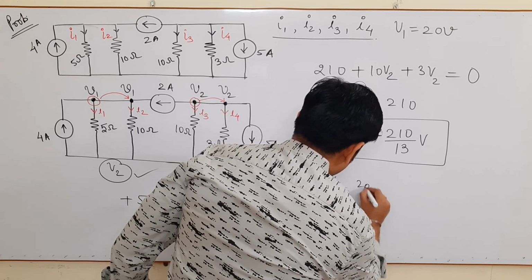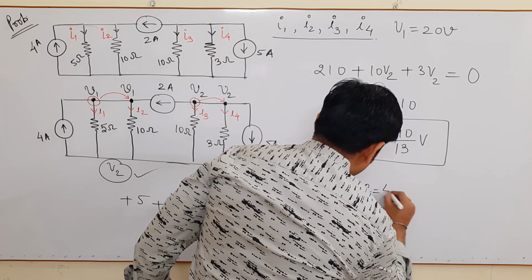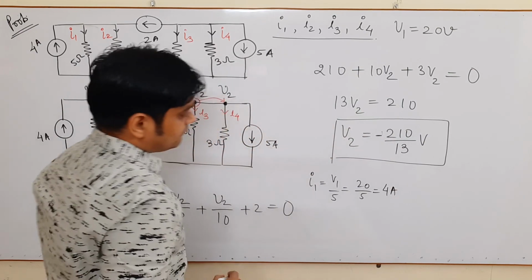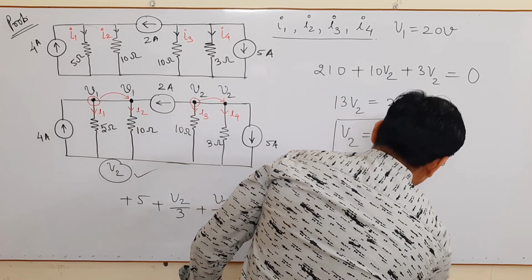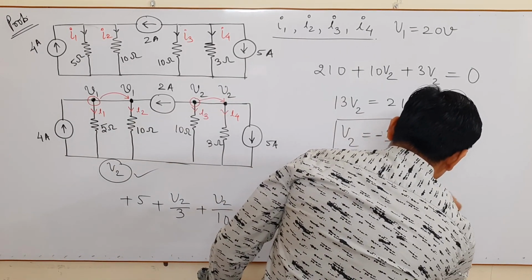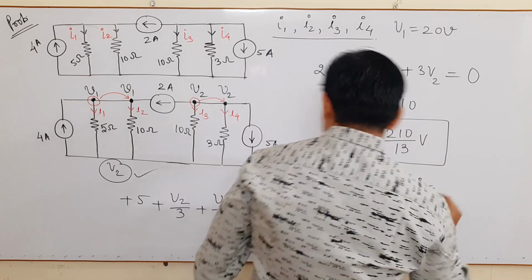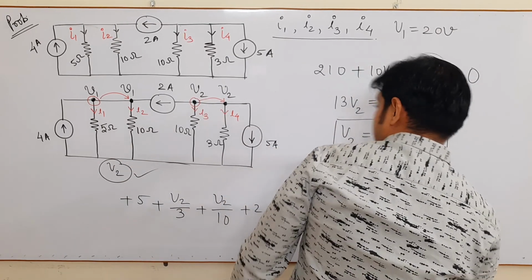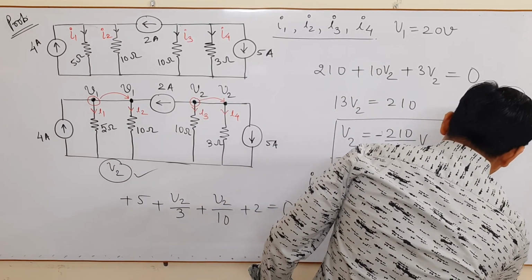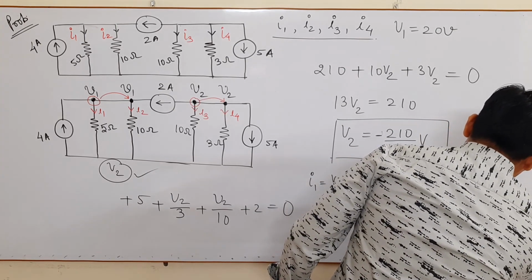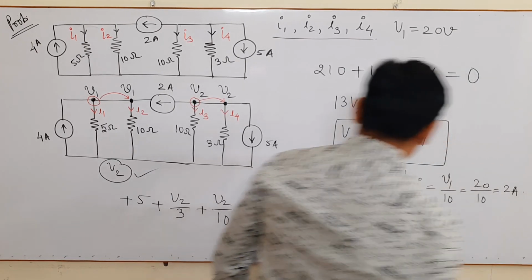So V1 is 20, 20 by 5, that comes to be 4 ampere. Similarly, if I talk about I2, it is V1 by 10. So it is 20 by 10, that comes to be 2 ampere.